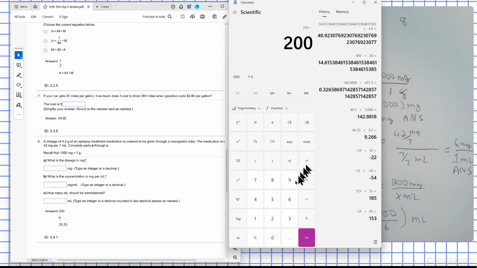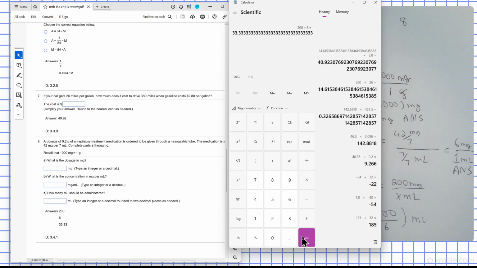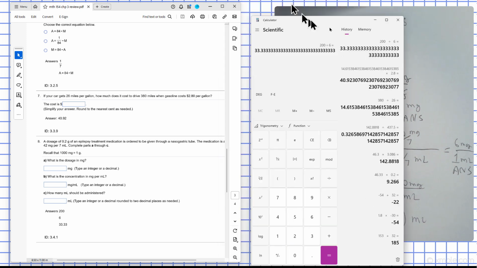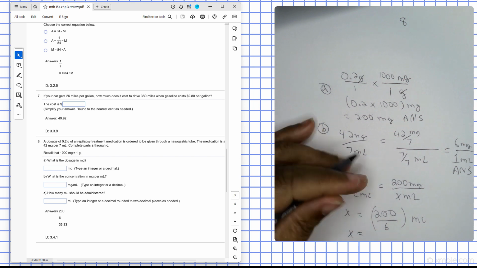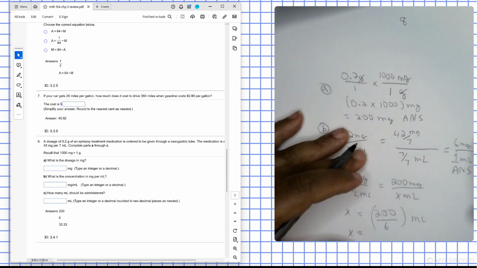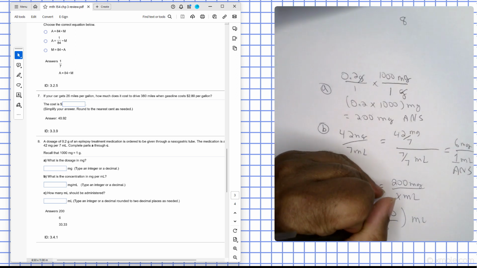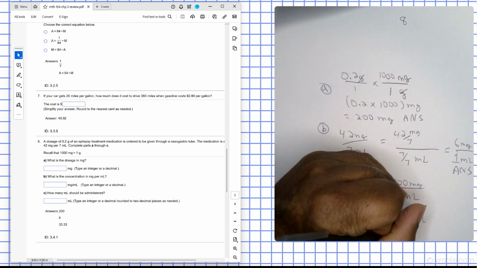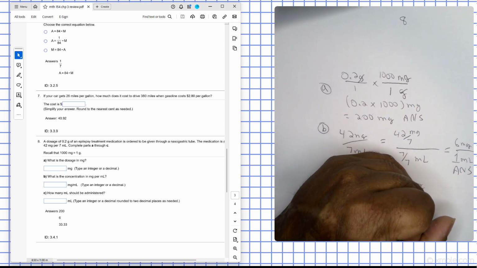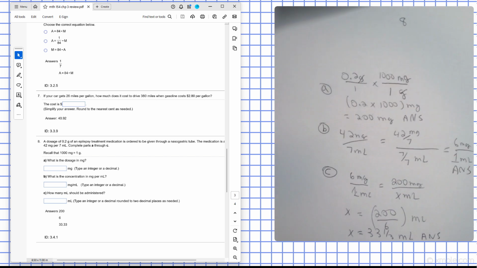You know, 33 and a third. X is equal to 33 and 1/3 milliliters. And that was number 8.